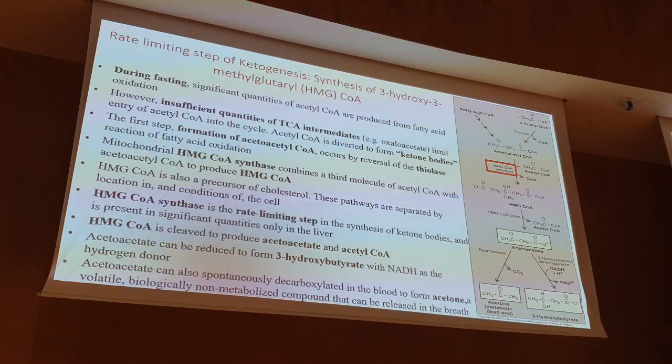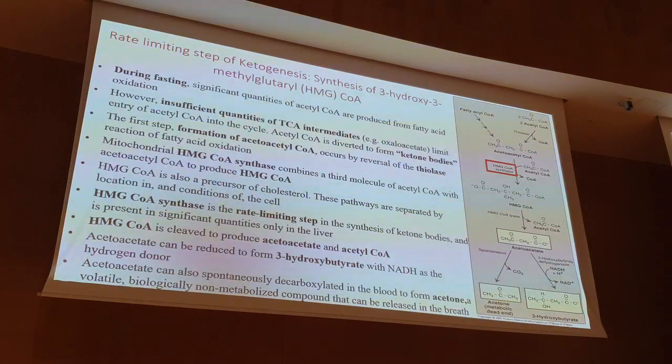Now, you're making a lot of acetyl-CoA, and you are in the 18th hour of the fast, or the 20th hour of the fast. The acetyl-CoA starts being converted into ketone bodies. And ketone bodies are acetone, beta-hydroxybutyrate, and acetoacetate.